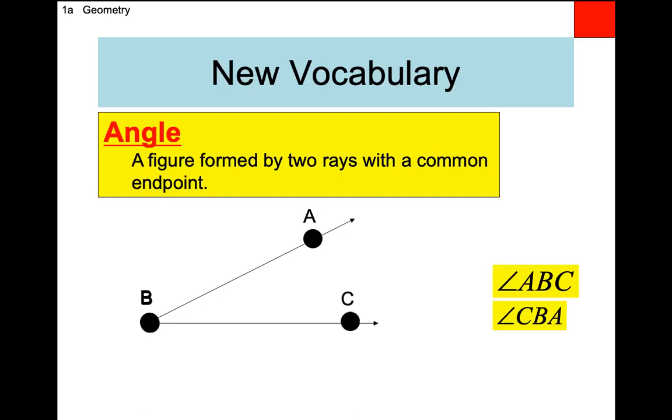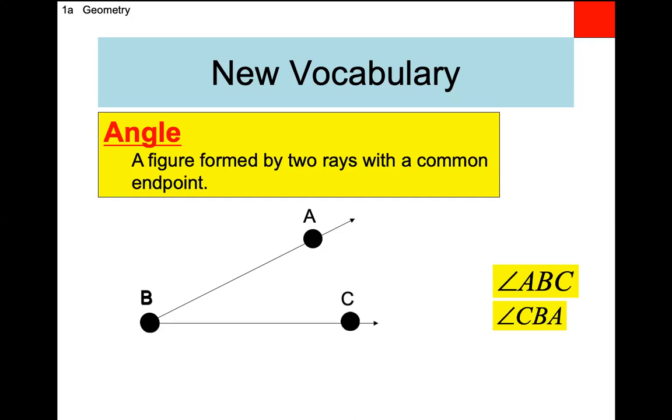And now we get complicated. There's 2 other ways of naming an angle. Now you got to really listen to me. If the angle is floating out there all by its lonesome, it's not made up of other angles. You're like, what do you mean? Well, think about this. If I make an X, how many angles are there? There's 4. So if I'm talking about this angle right here, and this is point B right here, it's also the common vertex for this angle, for this angle, for this angle.